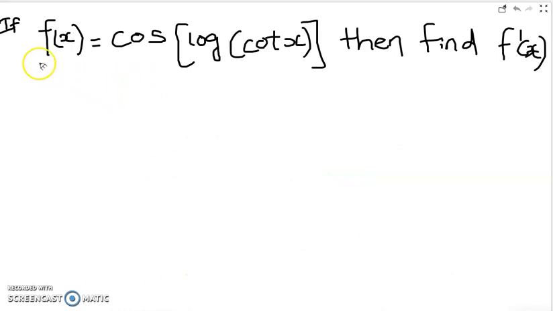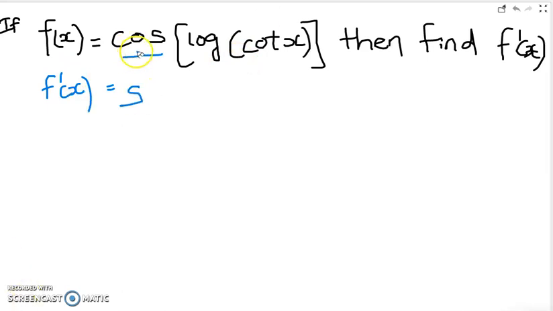So now we are differentiating. f dash of x is equal to, this is cos and let the entire thing be x. So d by dx of cos x means minus sin x, with sin of the entire log of cot x.